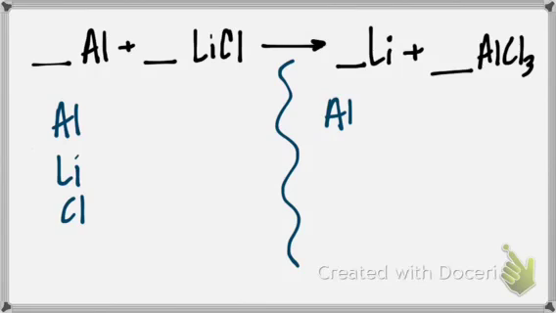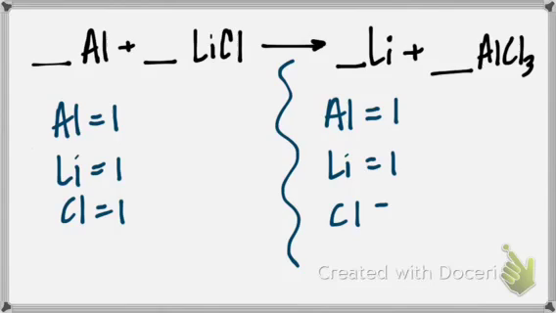I'm going to put it in the same order on the right, aluminum, lithium, and chlorine. Remember, you're going to do your atom inventory. So on the reactant side, I have 1 aluminum, 1 lithium, and 1 chlorine. And on the product side, I have 1 aluminum, 1 lithium, and I have 3 chlorines.